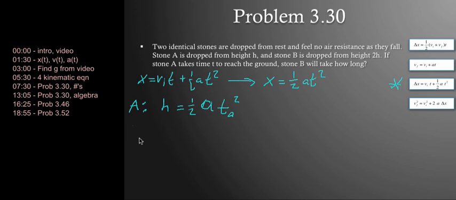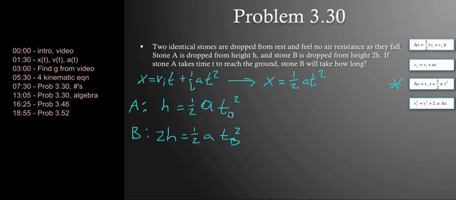So this is all that we need to know, and then now we have b. So b is equal to 2h, 1/2 a t_B squared.